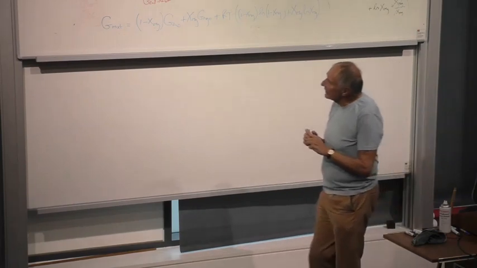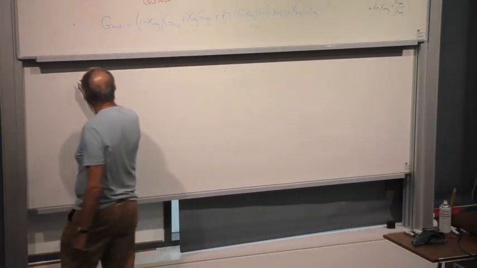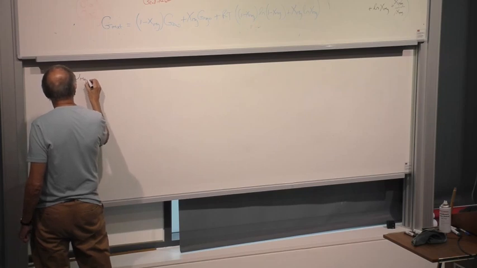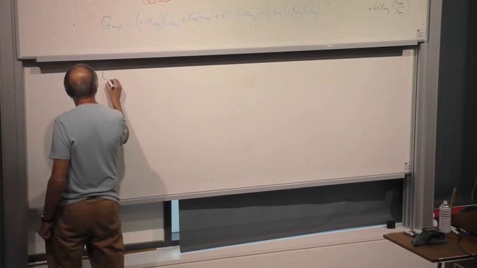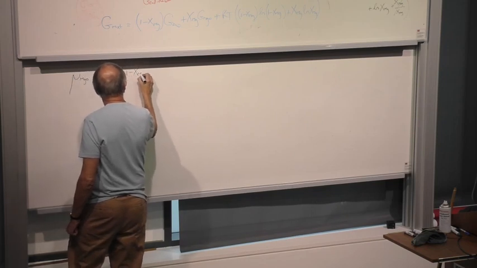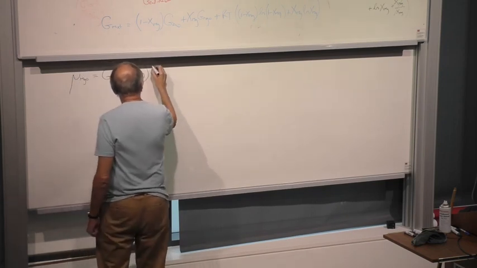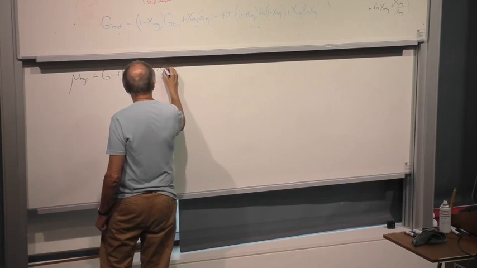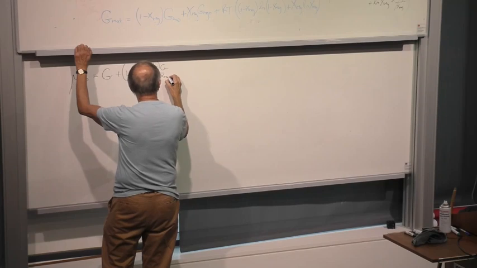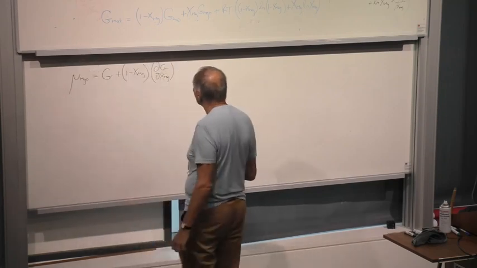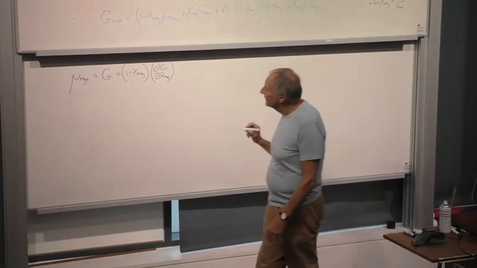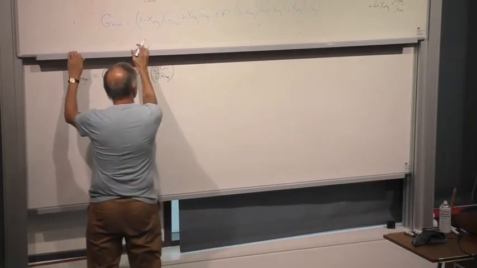We showed that the chemical potential of, let's say, MgO would equal G plus 1 minus xMg dG by dxMg. So we take the derivative, multiply by 1 minus x and we add it to the free energy of the mixture up here.